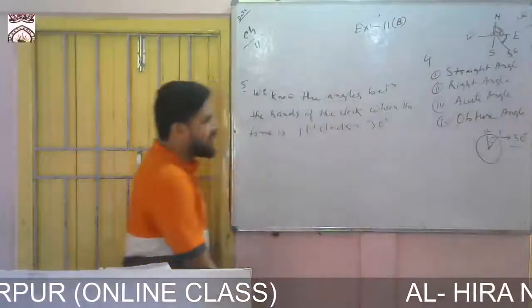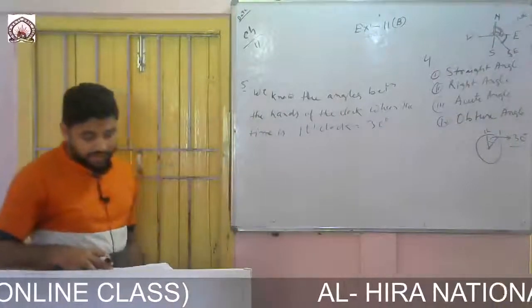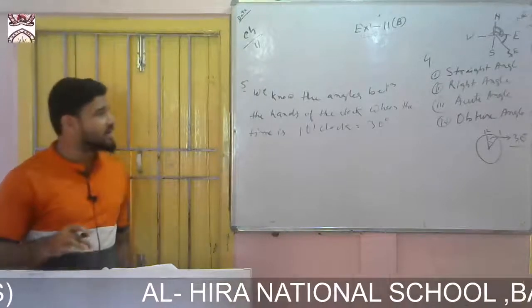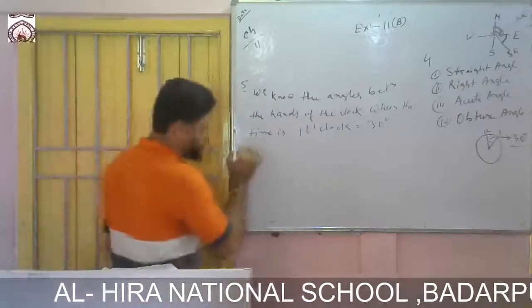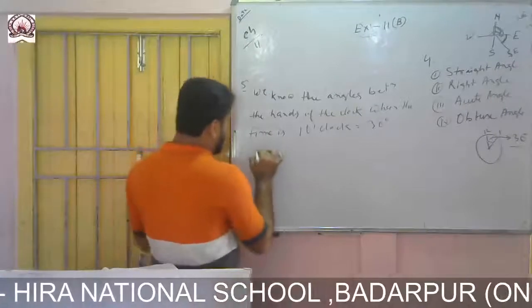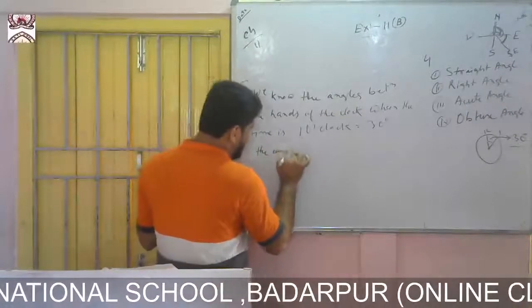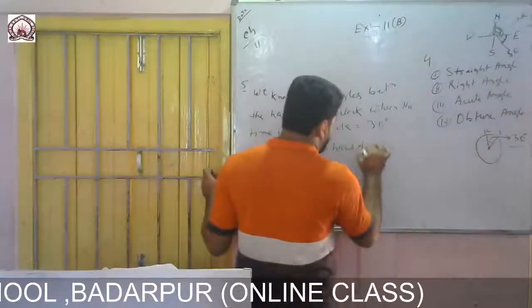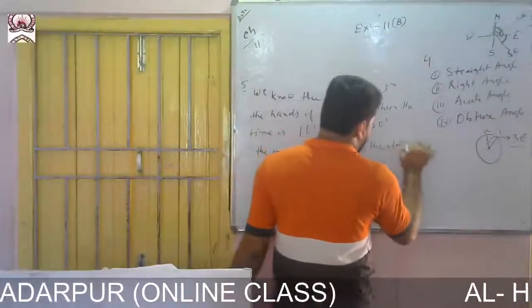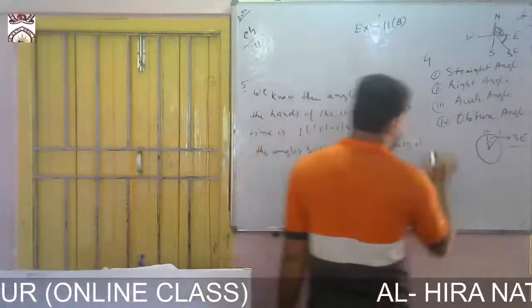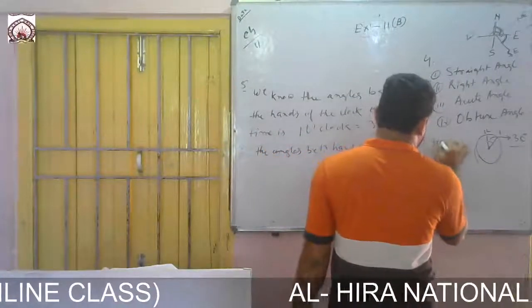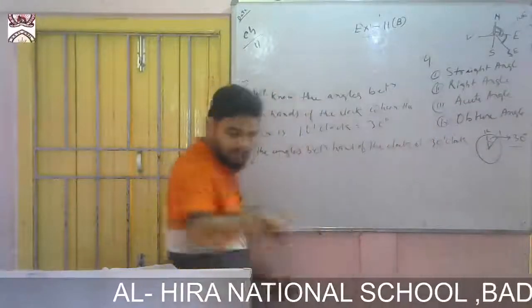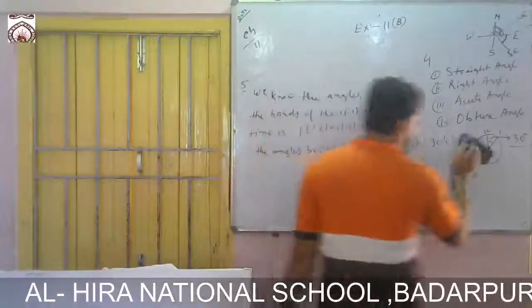Now we need to find the angle between the hands of the clock at 3 o'clock.